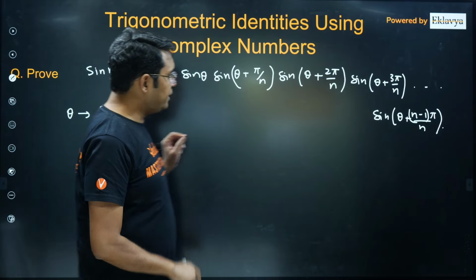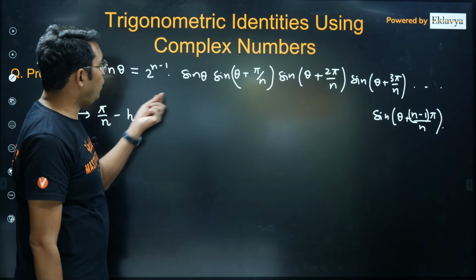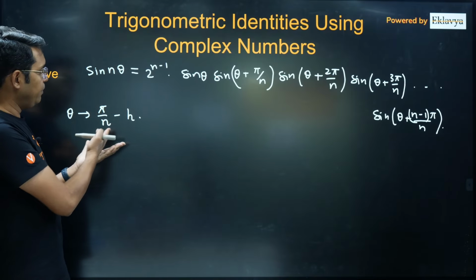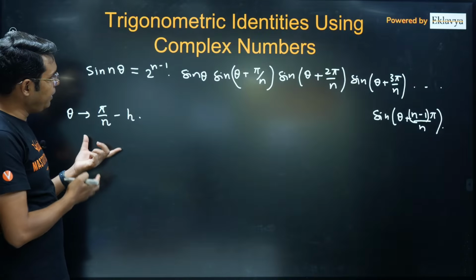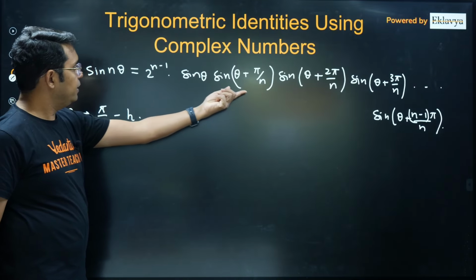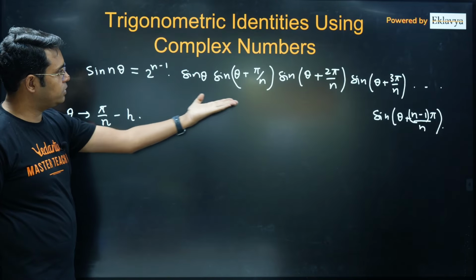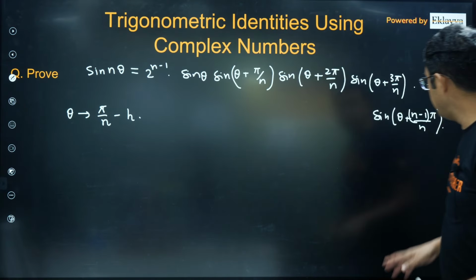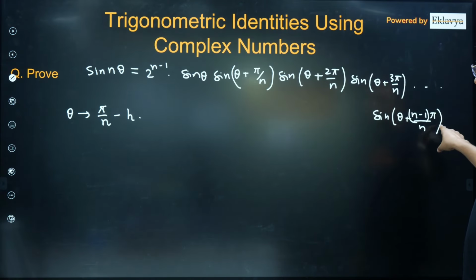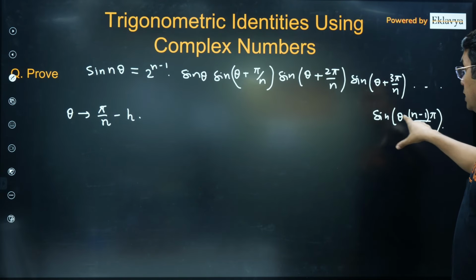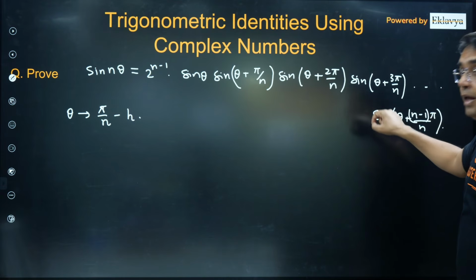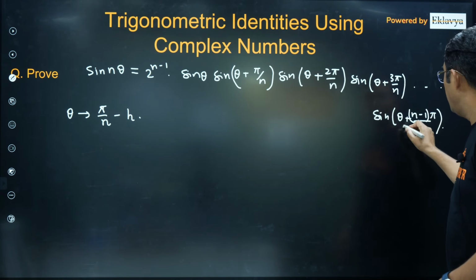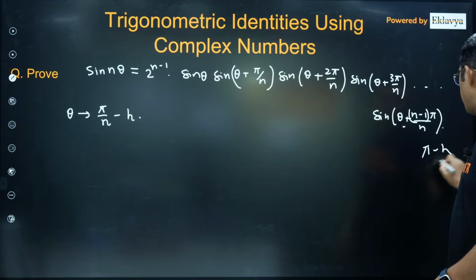Now if theta is like this, you can see all these angles, because theta is slightly less than pi by n, will be in the first quadrant. This will be 2 pi by n minus h, so again less than pi. In fact, if you write pi by n minus h in place of theta in the last term, it will be pi minus h, you can see it.